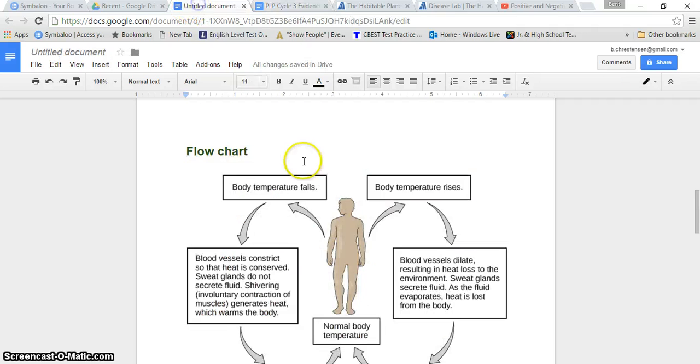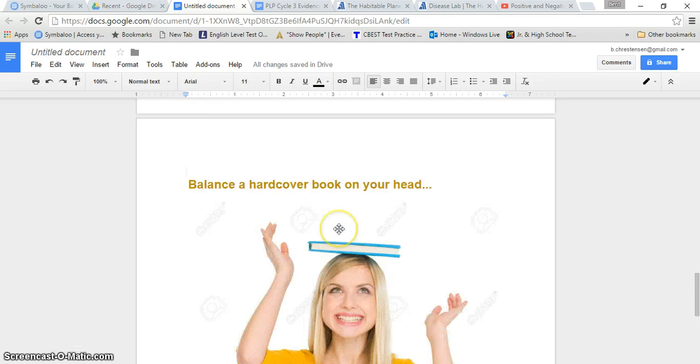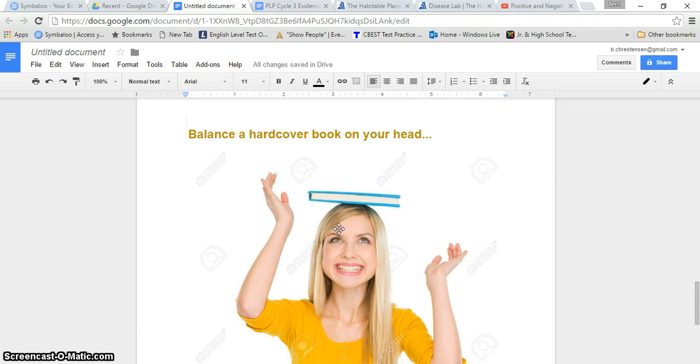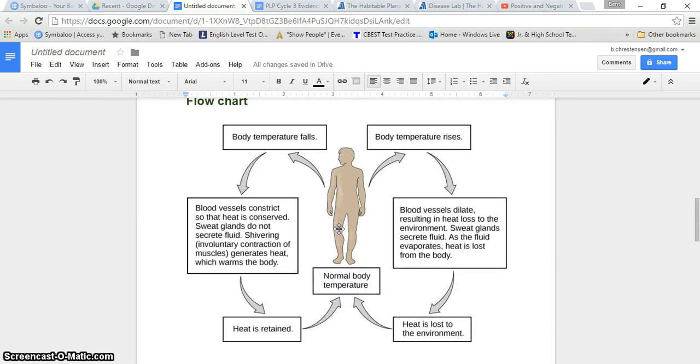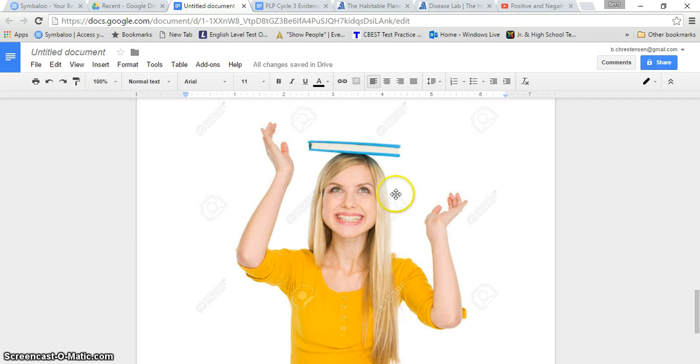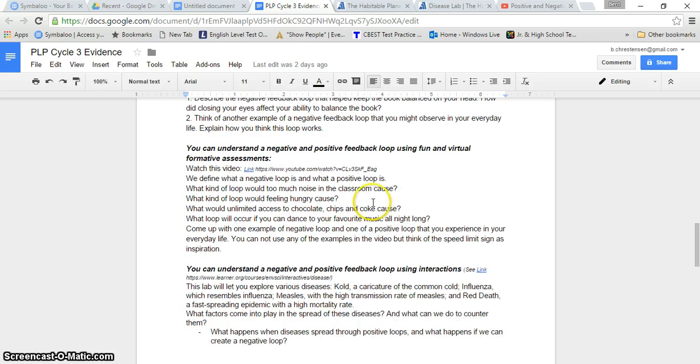You can relate that to a negative loop, because if you are tripping or losing balance, you counteract and find the balance again, and the book does not fall down. If it fell down, it would be a positive loop because it would fall until it couldn't fall anymore and would not come back to balance. That was the first joy factor activity.